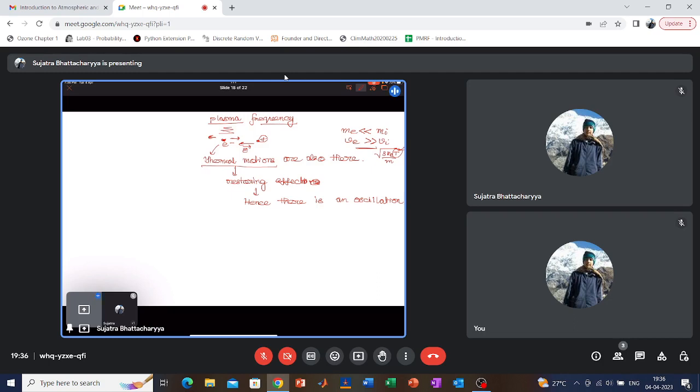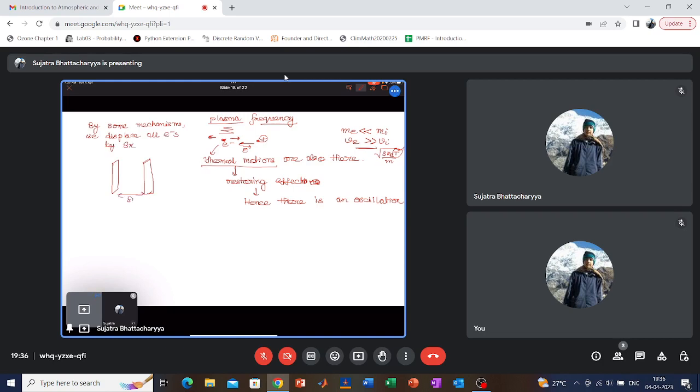Now, for deriving this, they have separated the electrons into two plates, like the plates of a capacitor. By some mechanism, we displace all electrons by some delta x distance.